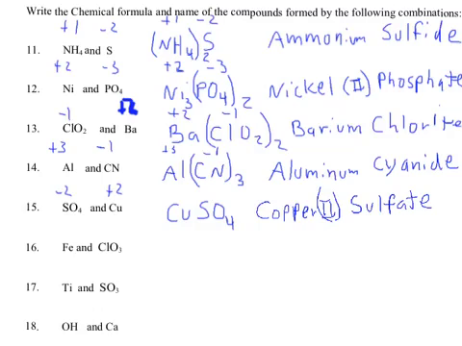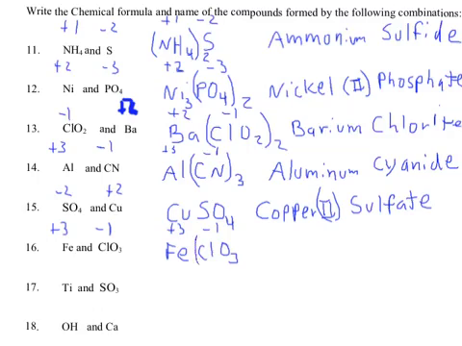Next one we have iron. Iron is usually a +3, although it can be a +6 or a +2. We have chlorate, which is a -1. I put the positive ion first. It's a +3. I put the chlorate second. It's a -1. So I swap. I need 1 iron and I need 3 chlorates.